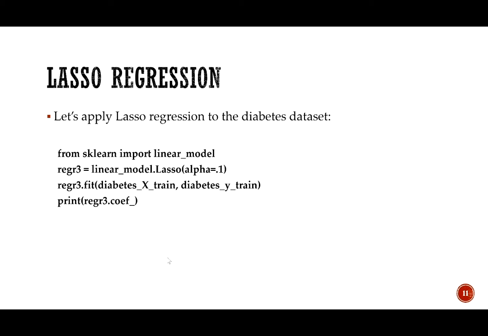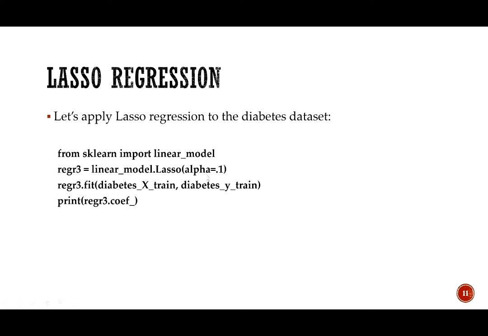Now, let's apply lasso regression to the diabetes dataset. Just like before, we import a linear model, then we create an object to specify which linear model we want to use. In this example, linear_model.Lasso. But as you saw in the cost function, we need a tuning parameter, lambda.